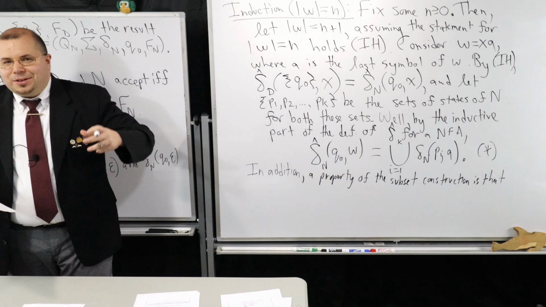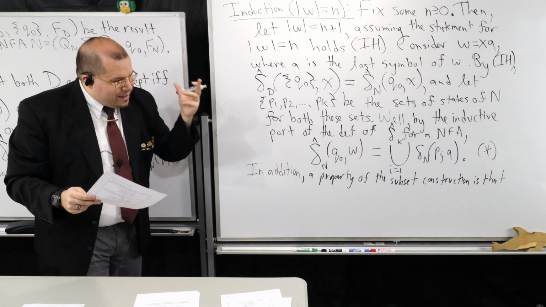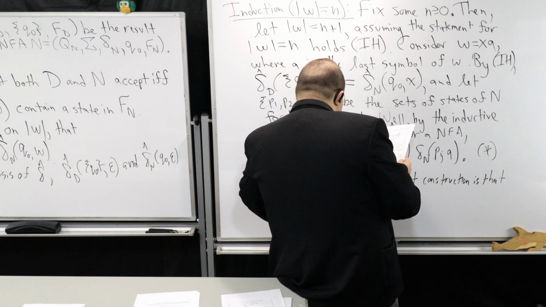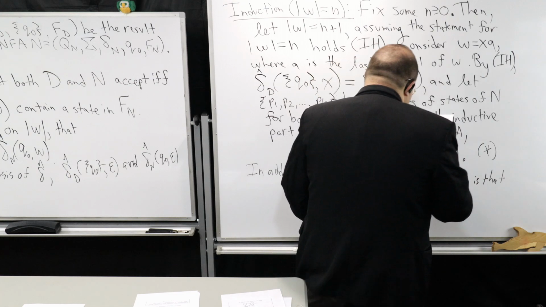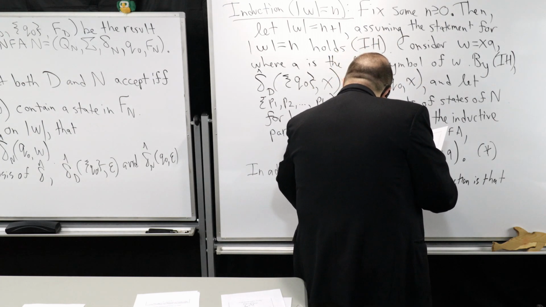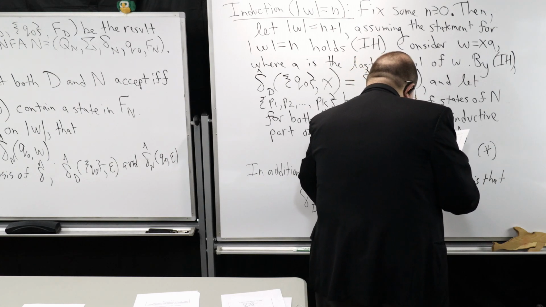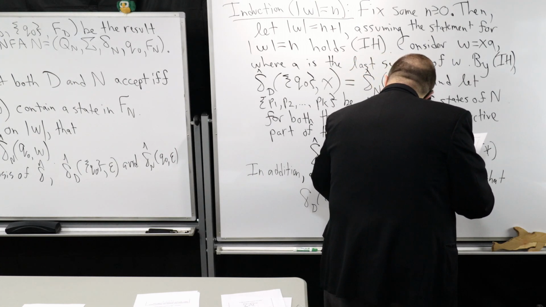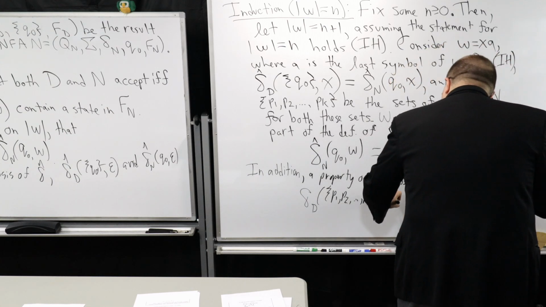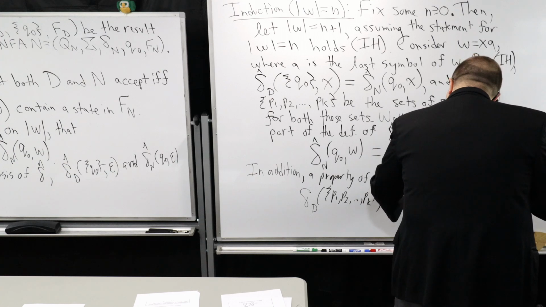Remember, the set of states is now a label when I talk about the DFA, but delta D of P1, P2, all the way up to Pk, given symbol A, is of course the union.